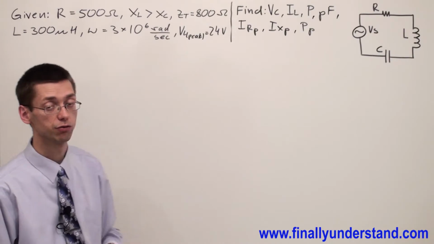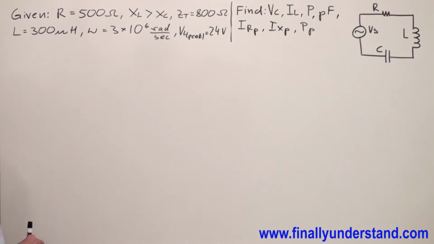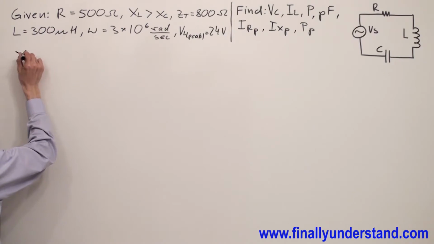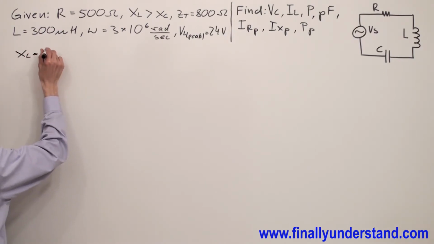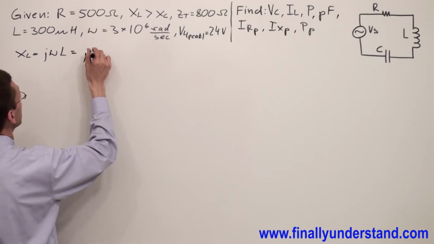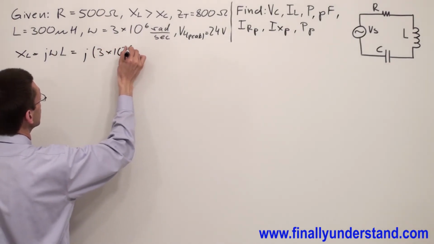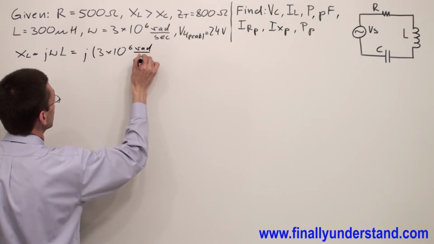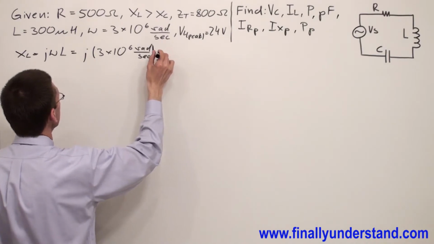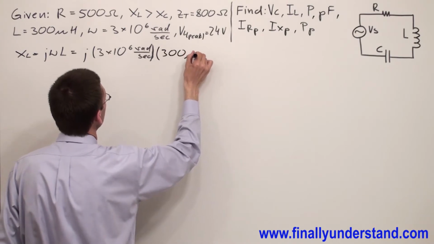In order to find the capacitive reactance, I'm supposed to find basically X of L first. So I'm supposed to write the formula X of L is equal to J omega L. So I have J times omega. Omega is equal to 3 times 10 to the 6 radians per second times 300 microhenries.